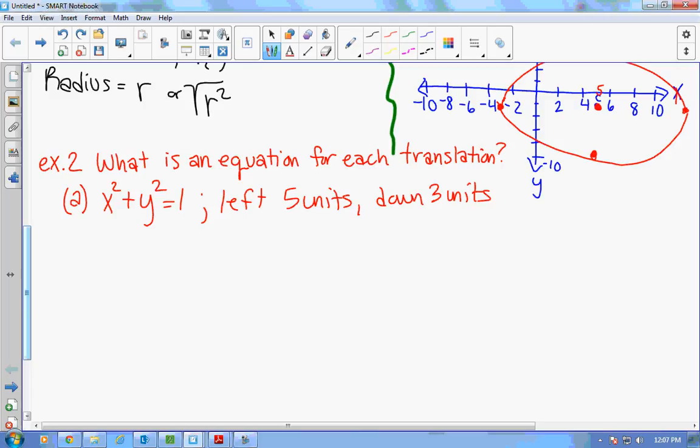Catch up, please. We have a starting equation, x squared plus y squared equals 1, and it's going to go left 5 units and down 3 units.